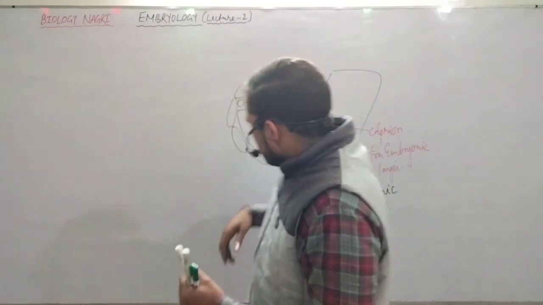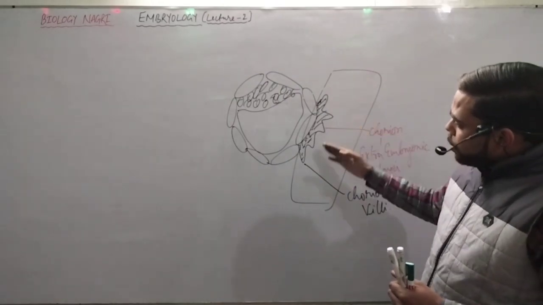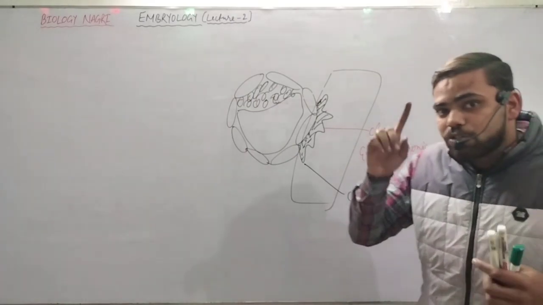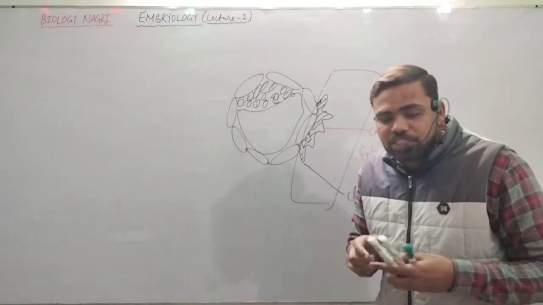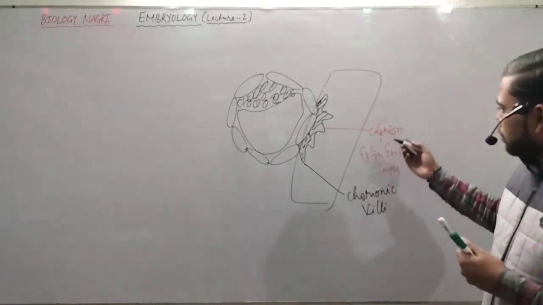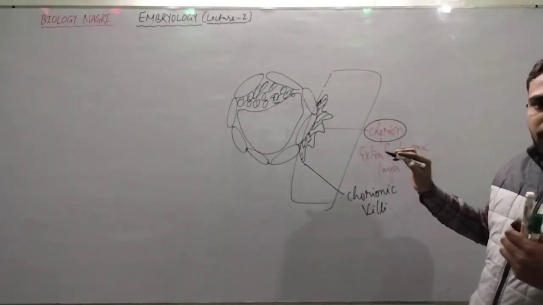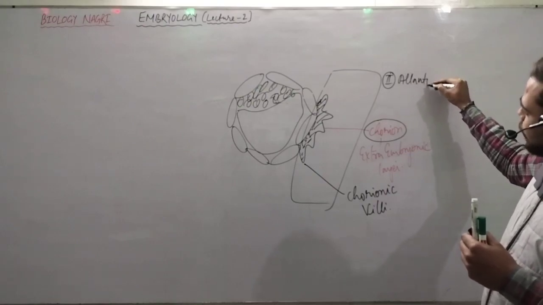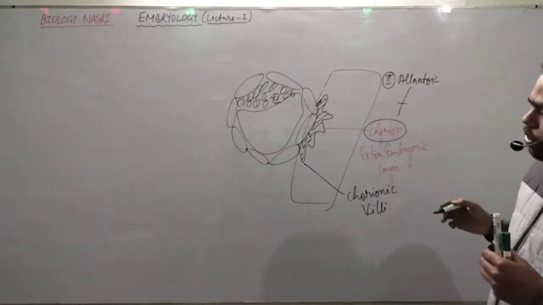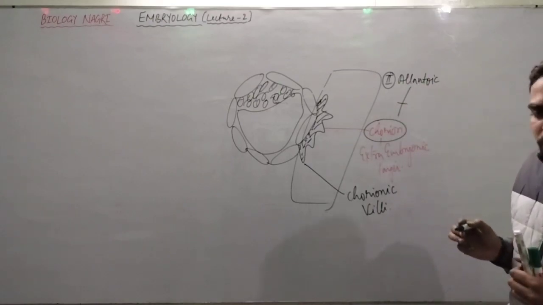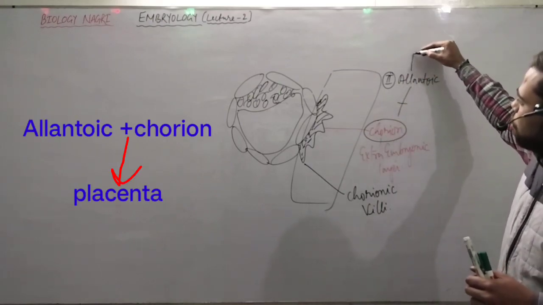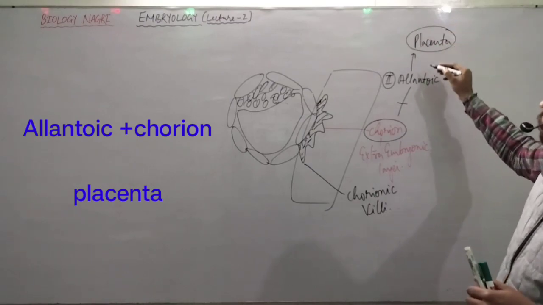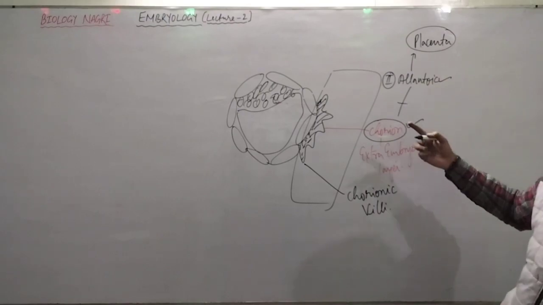Okay. Now further, after the formation of the chorion, the first extraembryonic layer, there is one more extraembryonic layer, which is called the allantois. The second extraembryonic layer is the allantois, and with the help of these two extraembryonic layers, together they will form the placenta.